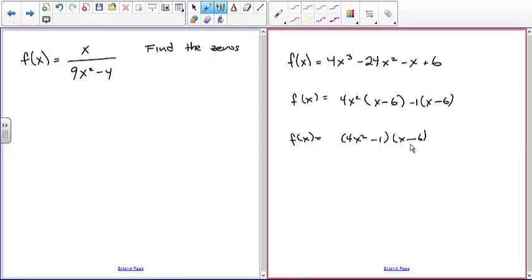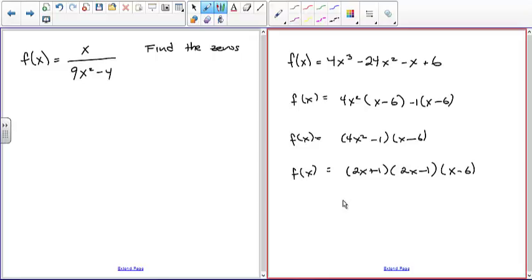So one of the factors is x minus 6, and then you can factor the quadratic term. So that's going to be 2x plus 1 and 2x minus 1. And the reason you do plus and minus is because that way you can cancel out the inner and outer terms. So 2x times 2x is 4x squared. 1 times -1 is -1. And then you've still got your other factor there.